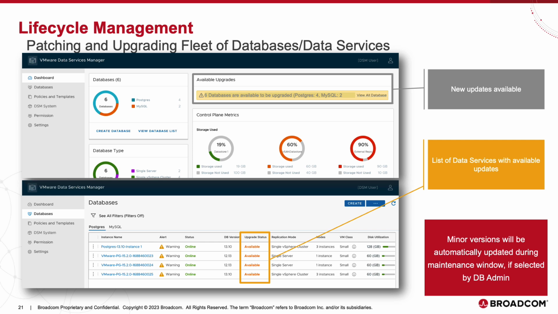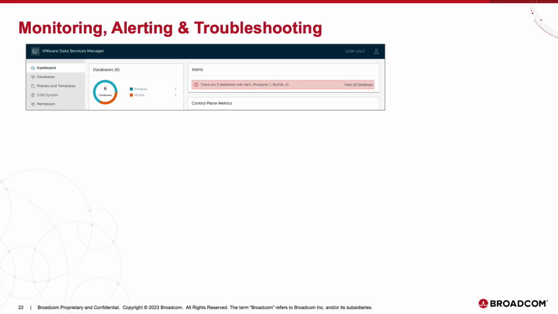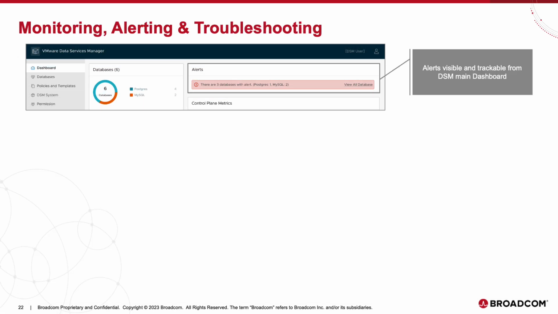Our customers have generally told us that they will take care of major number updates manually or by use of other tooling. They wish to control this aspect of lifecycle management. The DSM dashboard has an alerting window that provides visibility into any issues with the product.